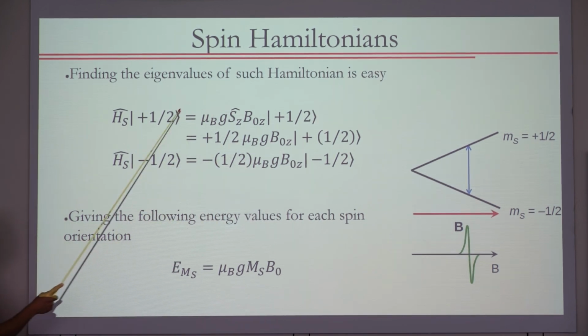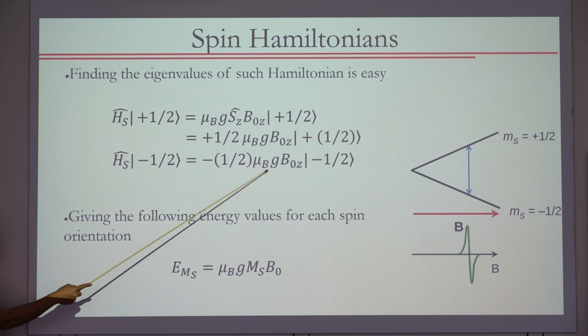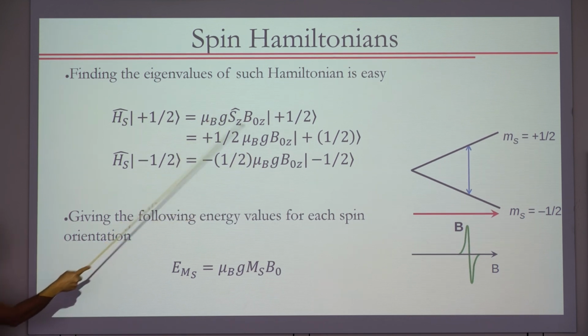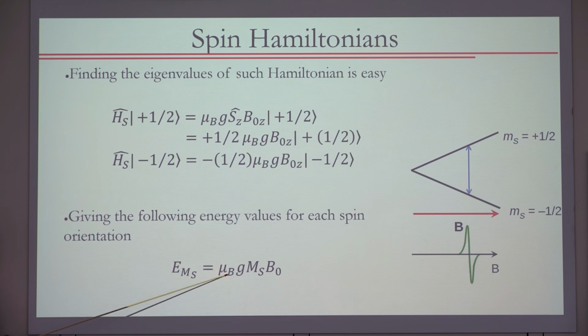And so the difference in energy between this one and this one, so these are the energies of each state, you can see it's the Bohr magneton times g. Okay, sorry, I'm writing the same in a more generic way. Just the energy of each ms is ms times this other number.